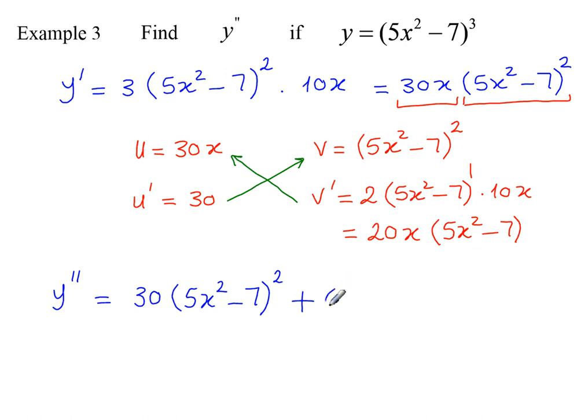If we multiply this, we get 600x squared times 5x squared minus 7. And this here is the second derivative of this original function.